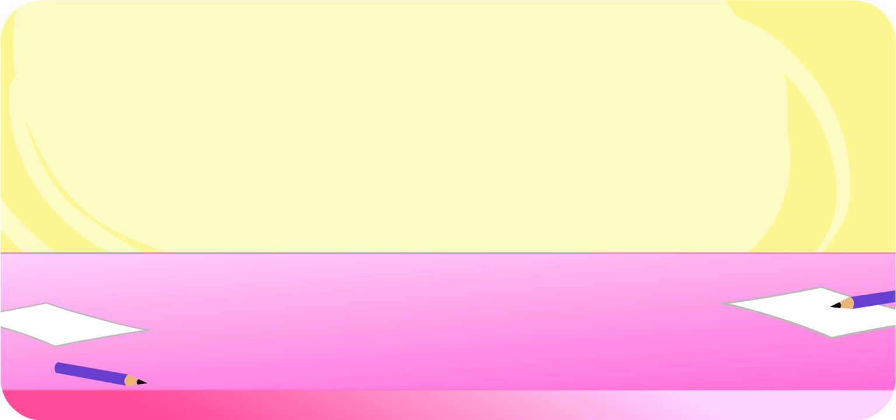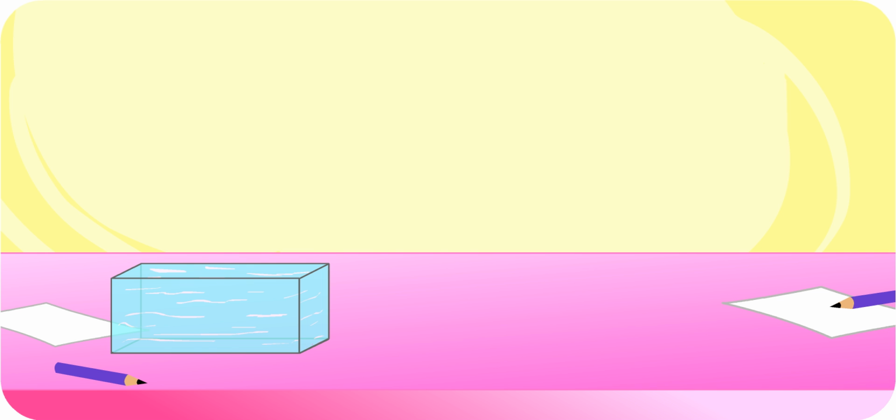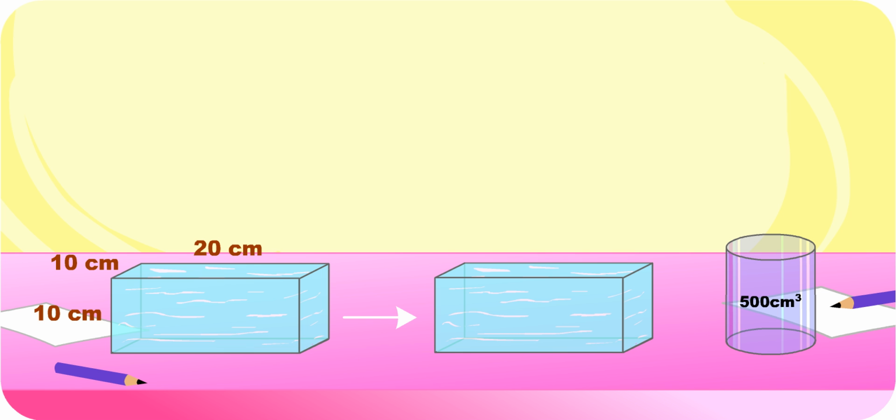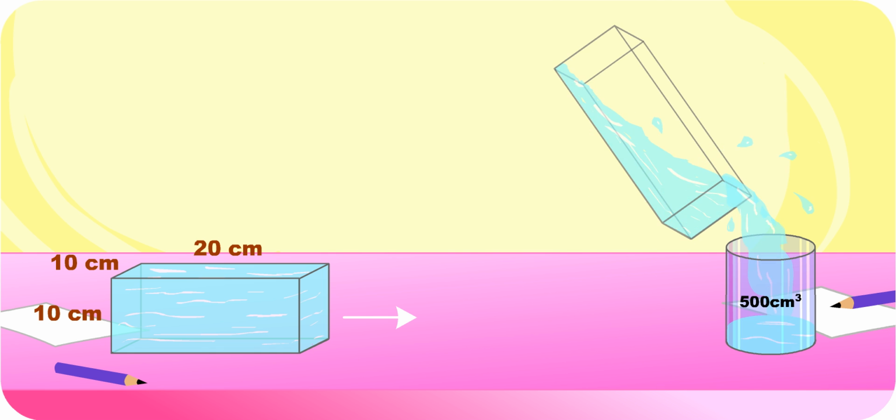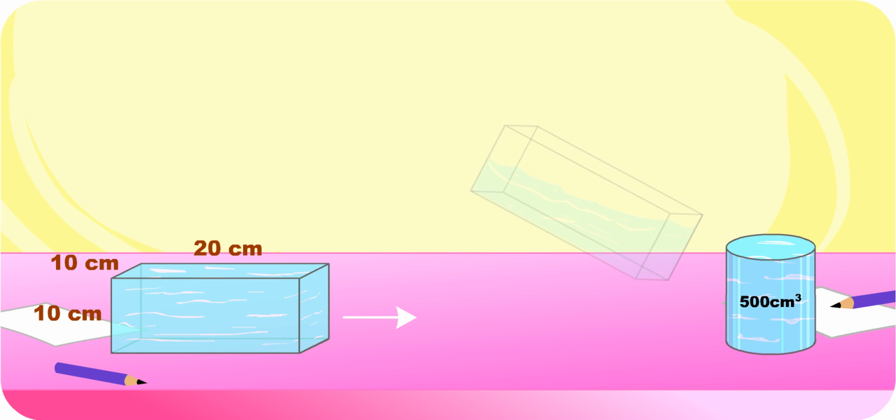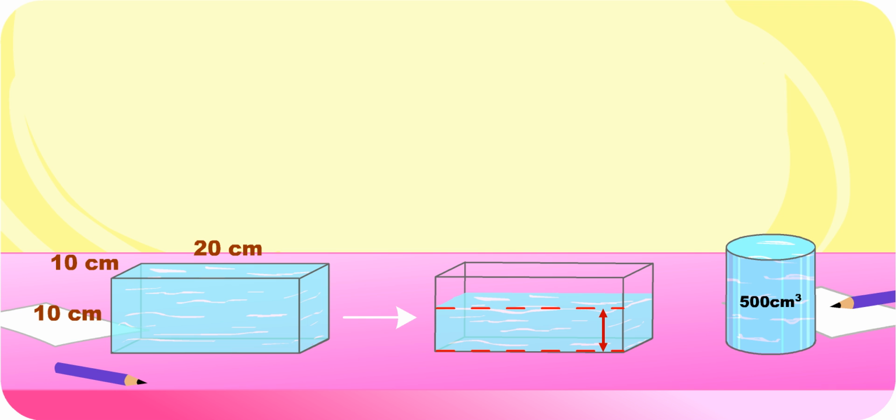Let us take a look at this question. A rectangular container 20 centimeters by 10 centimeters by 10 centimeters is filled with water to its brim. If 500 cubic centimeters of water is poured out from the container, what will be the height of the water level in the container?